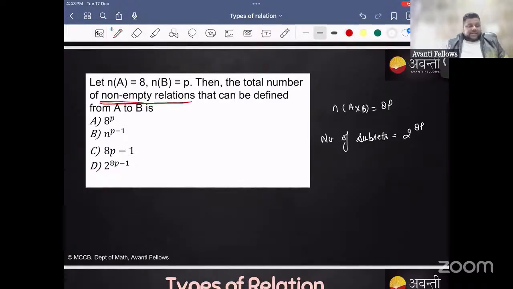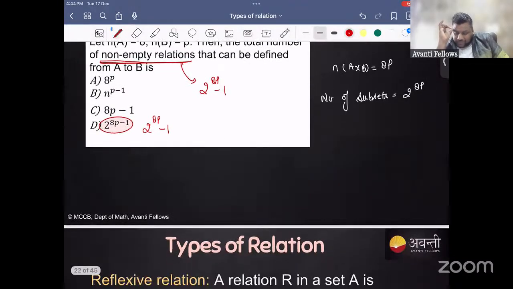There is only one empty relation, which is the null subset. So the number of non-empty relations will be 2 to the power 8p minus 1. This is not the correct answer written here, it is written wrong. It is 2 to the power 8p minus 1. Am I clear?